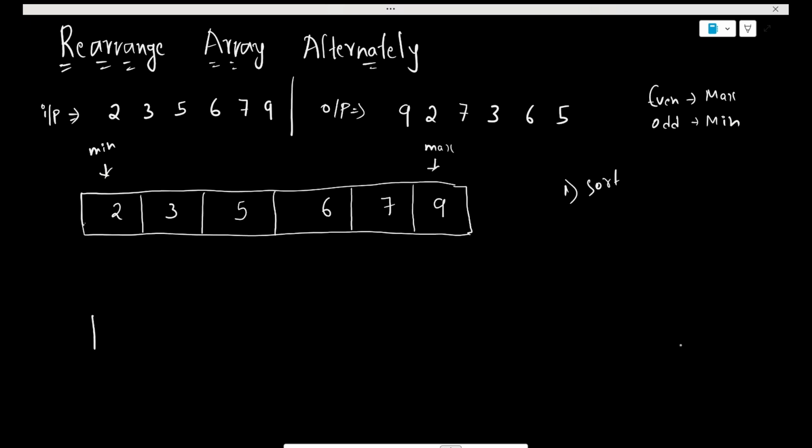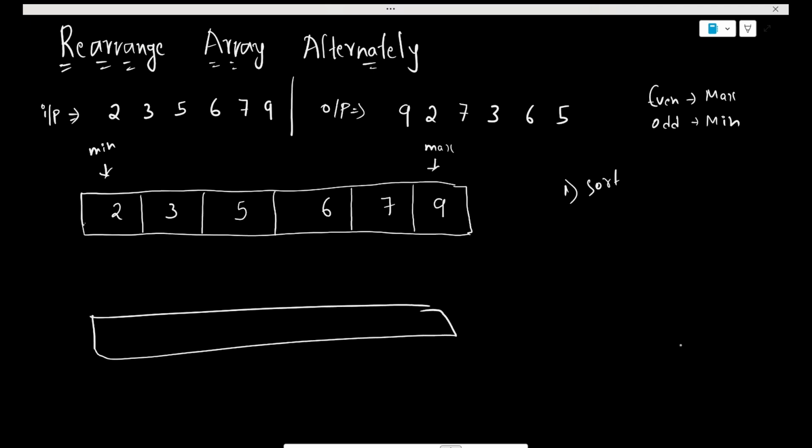So we will be creating a new array of the same size, with indices 0, 1, 2, 3, 4, 5. At the even index we need the maximum element and at the odd index we need the minimum element.